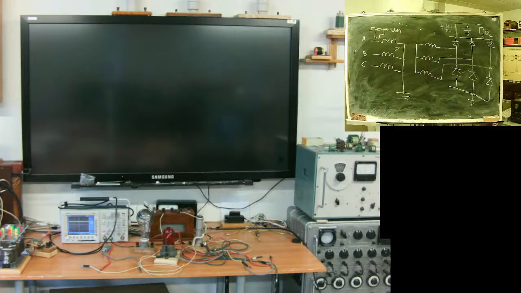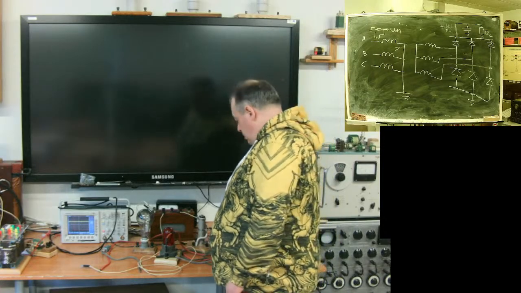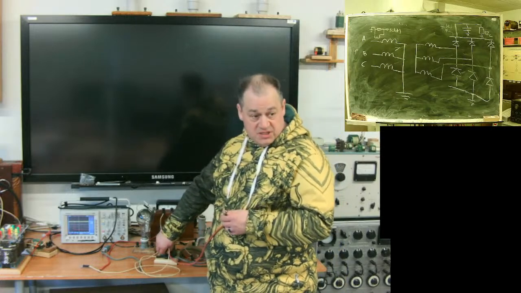One of the things when you have huge penetration of single phase loads, you saw the amount of disturbance they cause.